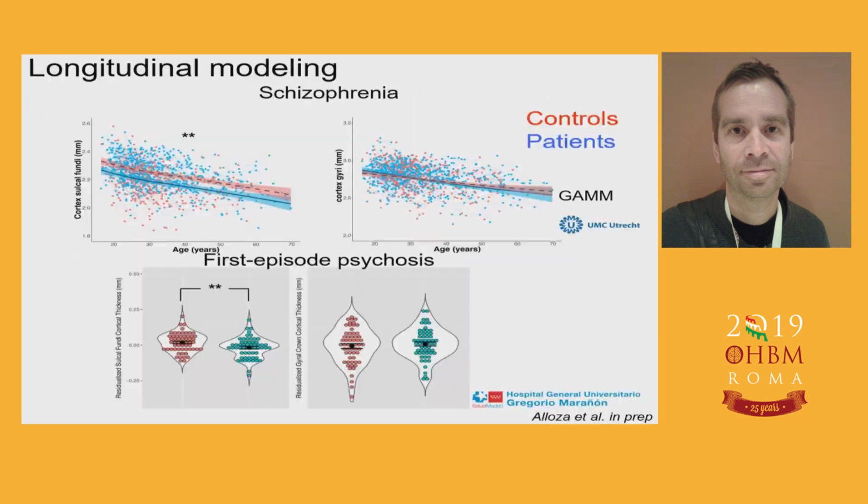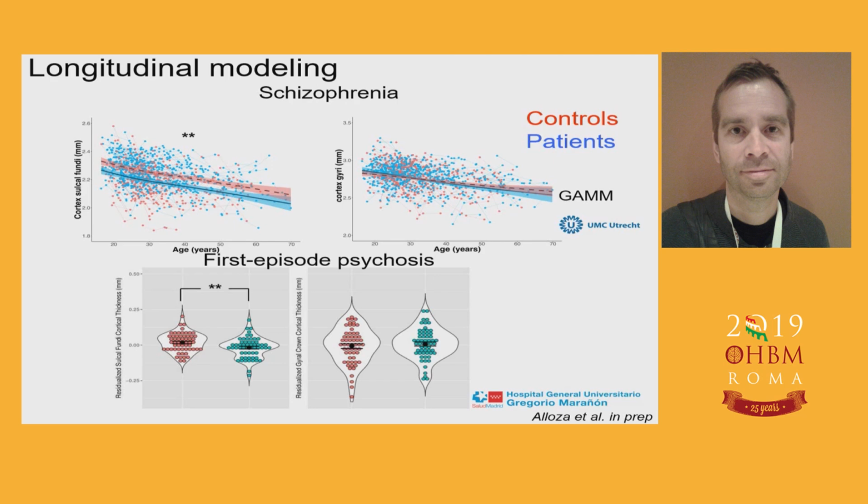So we did that in the longitudinal sample, and what we saw more or less confirmed the hypothesis by Waehnert. By using generalized additive mixed modeling, we show that in patients, which are here in blue, the sulcal fundi thickness is statistically decreased, but the effect is not nearly as large in gyral crowns.